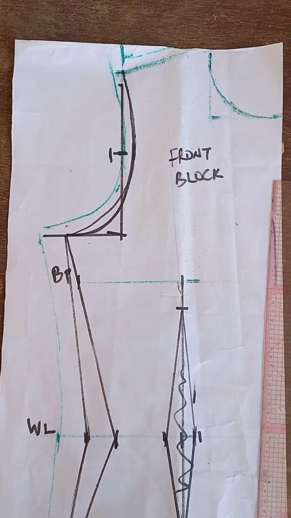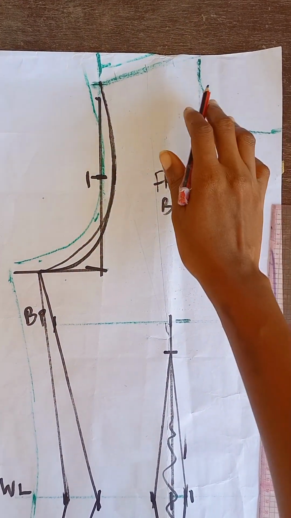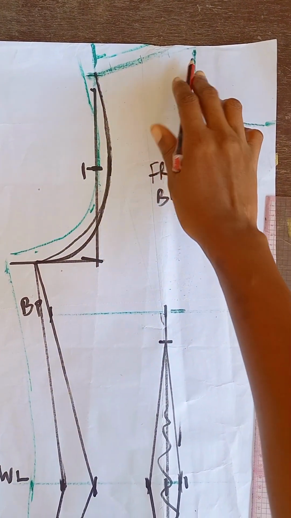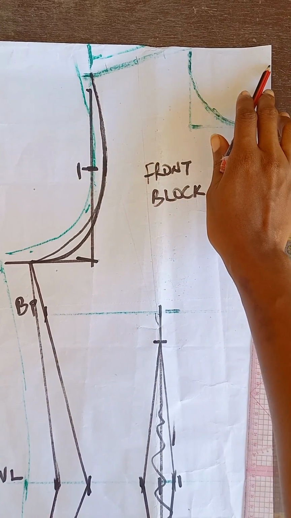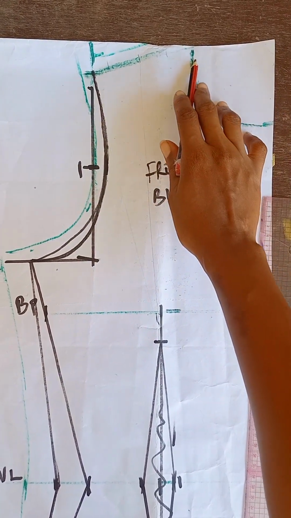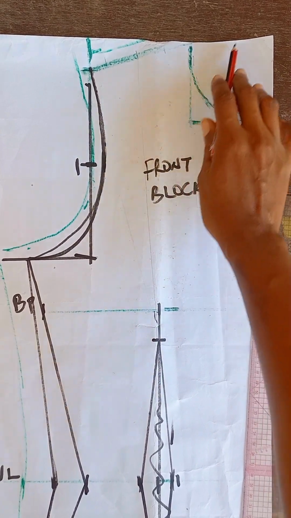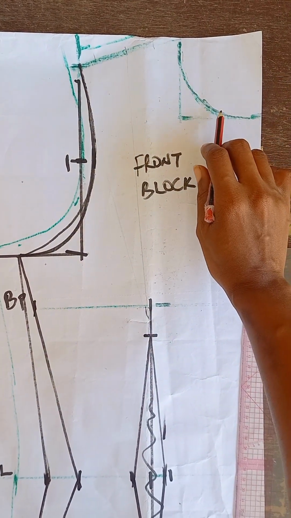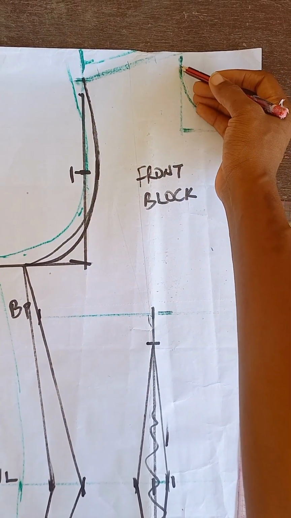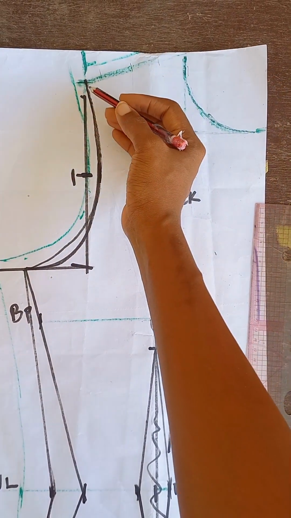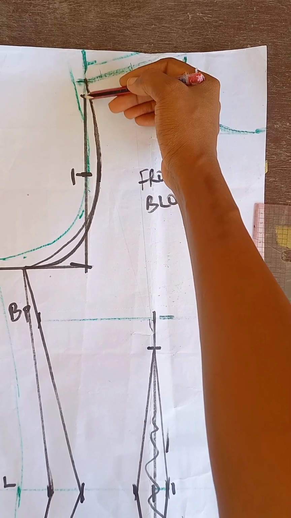So the first step after drafting your shoulder is to get the midpoint between your neck width and your shoulder line. The neck width is the distance from the center fold to the neck wideness, how wide you want your neck to be. This is the neck depth, from the tip of the paper to the depth of your neckline. So we'll be getting the distance between here and our armhole line, our shoulder line.